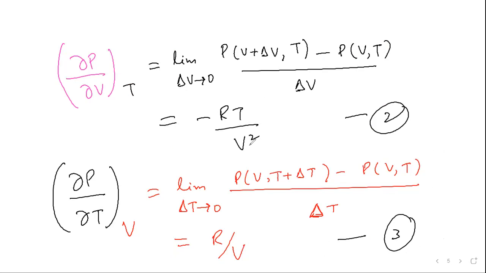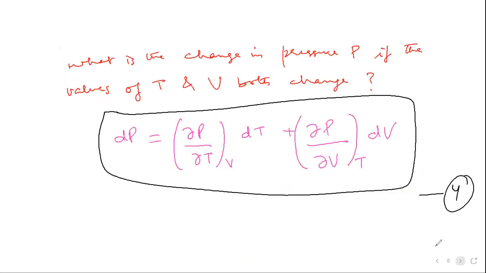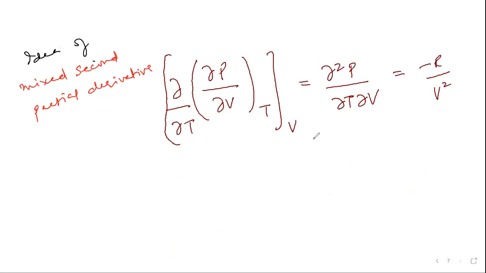Then I have to differentiate it with respect to temperature, I get minus R by V square, right?